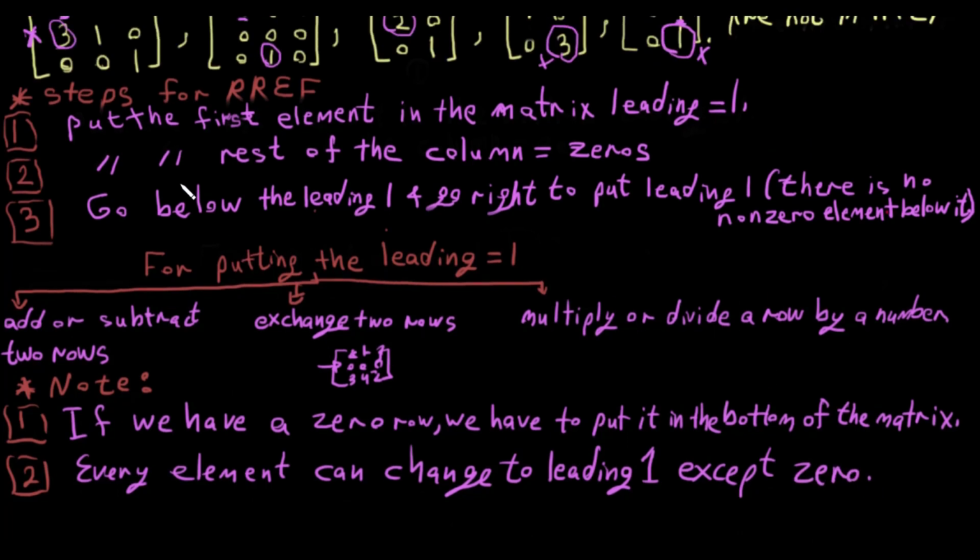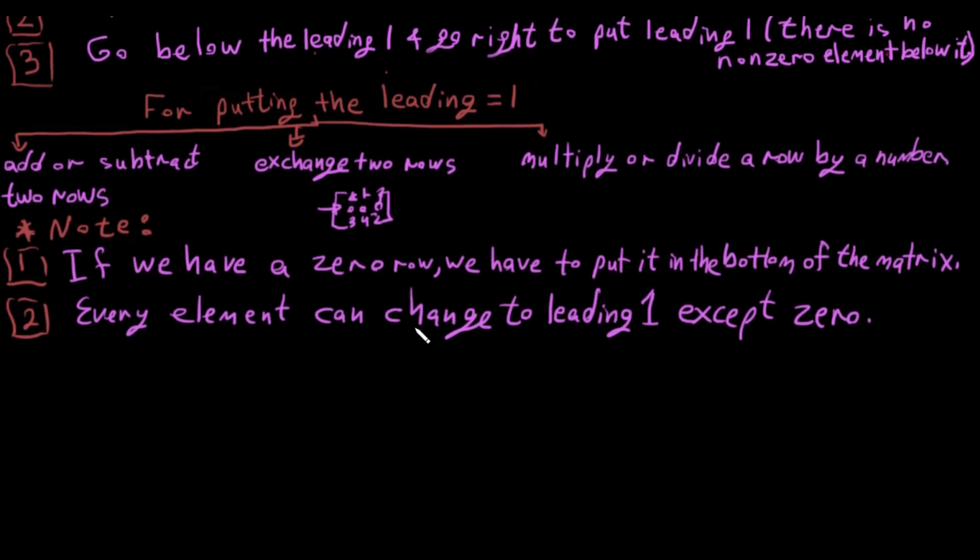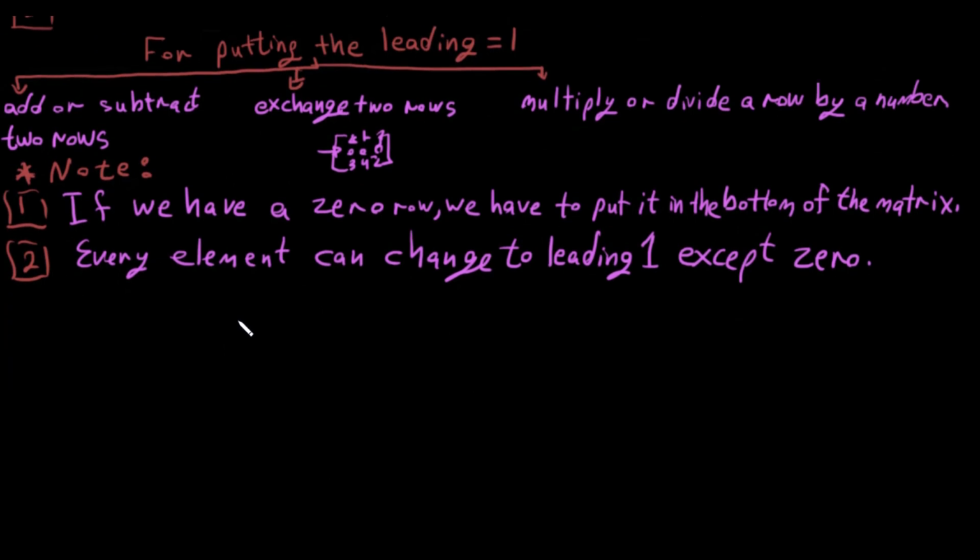Of course, as we discussed here, put the first element in the matrix as leading one. The same thing here, but only to make sure that you understand what we are doing.